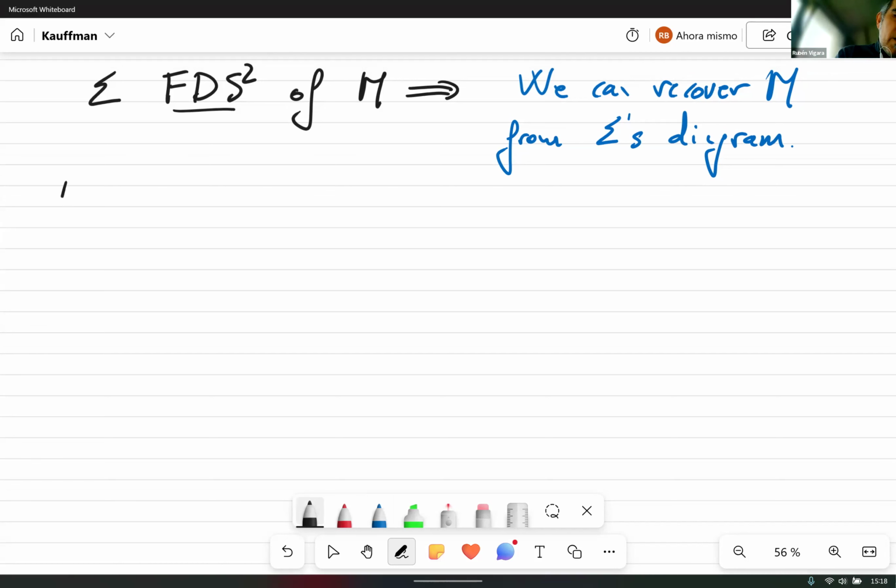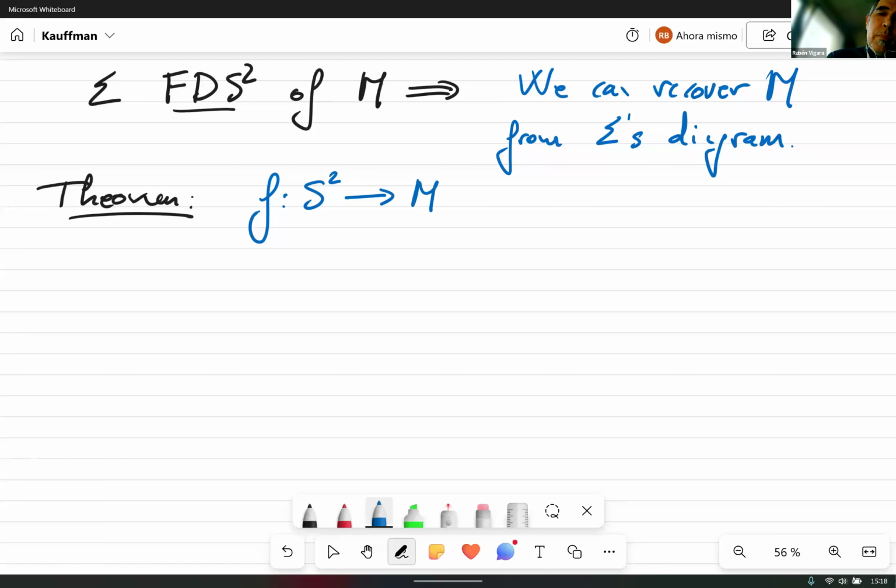Okay, imagine that we have a filling immersion of a three-manifold, and another filling immersion of another three-manifold, that are null homotopic. Null, that is, they are homotopic to a constant map.